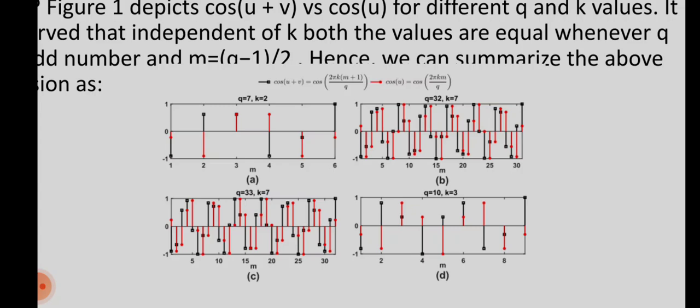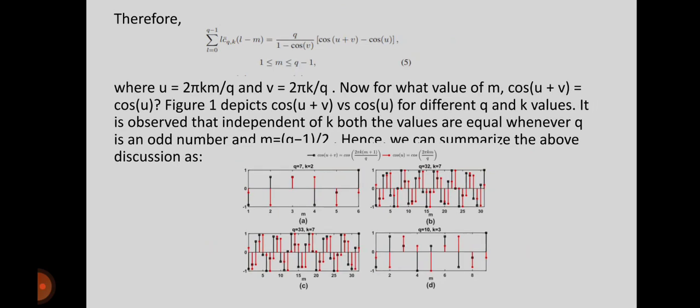In figure 1, in figure A, q is equal to 7 and k is equal to 2, so that we get impulse responses as shown. And for the other figures also, the values of q and k are changing, so that we can get different types of impulse responses.